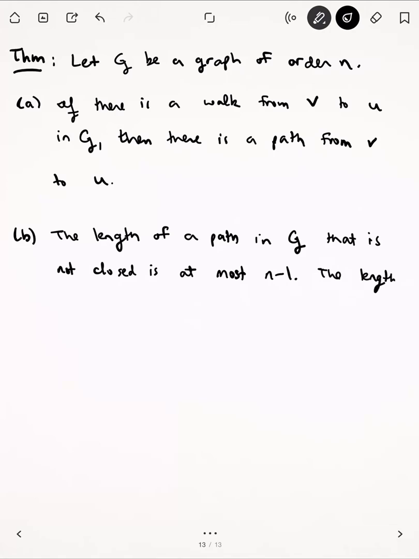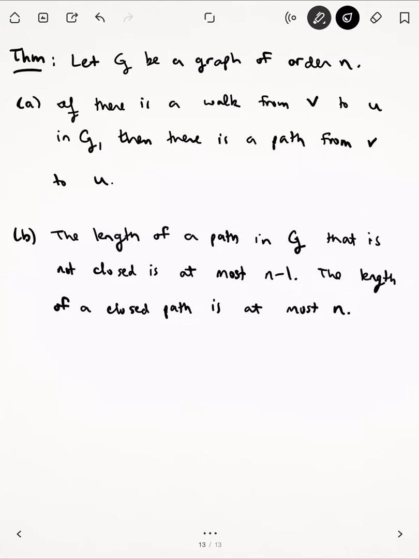The length of a closed path is at most n.